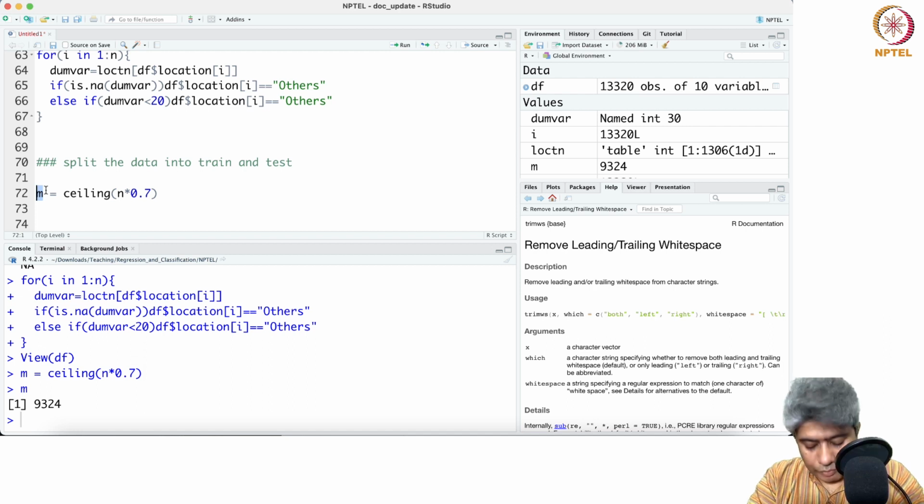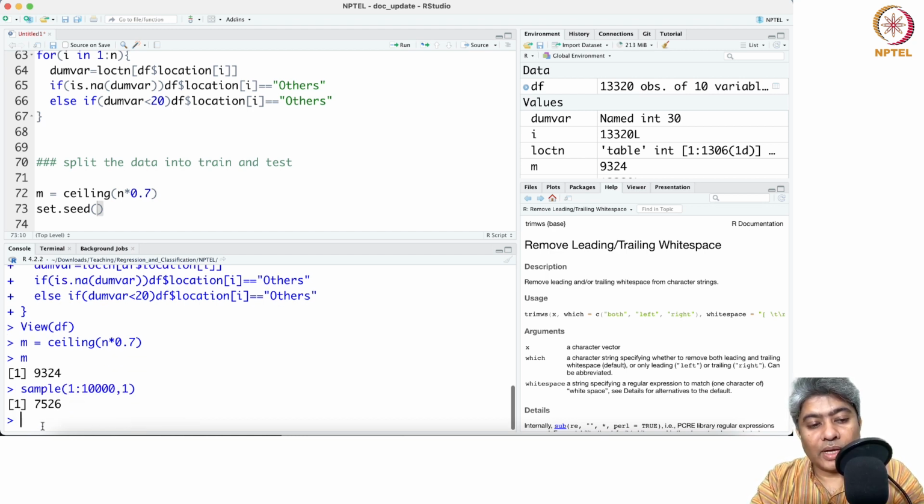We will take it randomly, and the rest we will take as the test data set. So we have to first set the seed. Typically the way I do it is 1 to say 10,000, I just draw one sample, I got 7526, and that I will set as the seed.